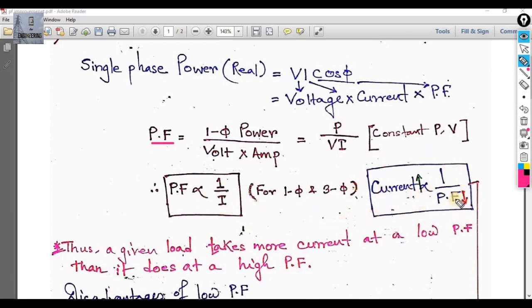It is also true for three-phase system. So this formula is very important for single phase as well as three-phase system. Here you can see, if the power factor is getting low, then the current is getting high.